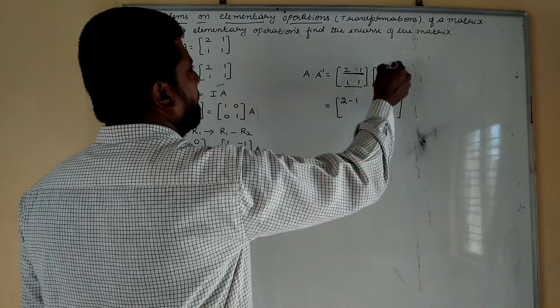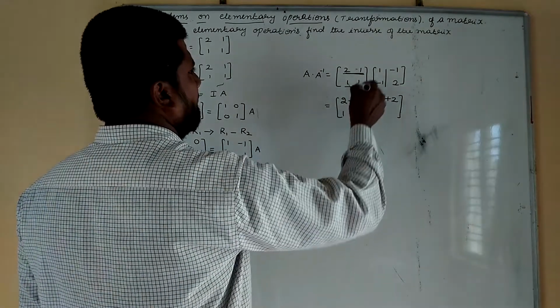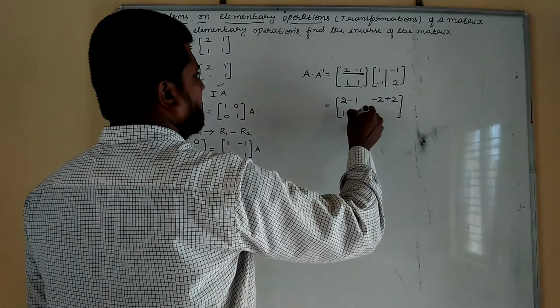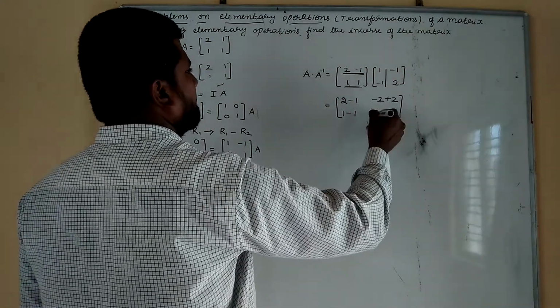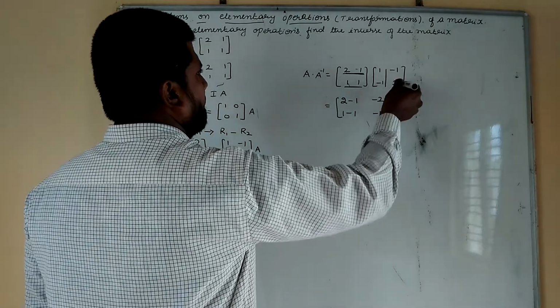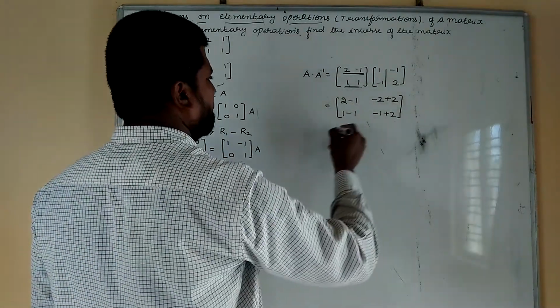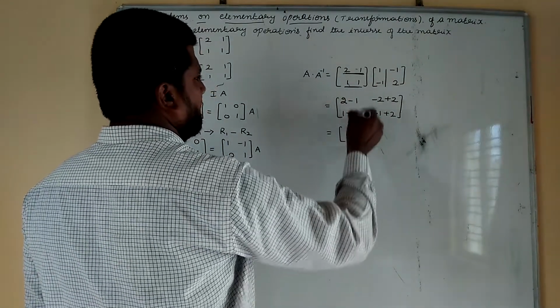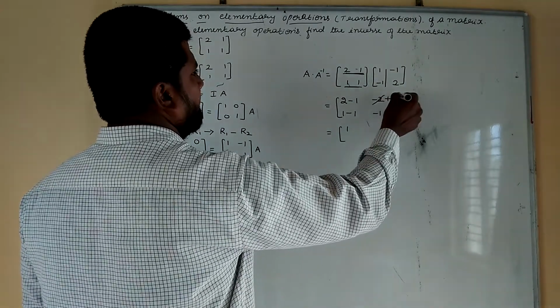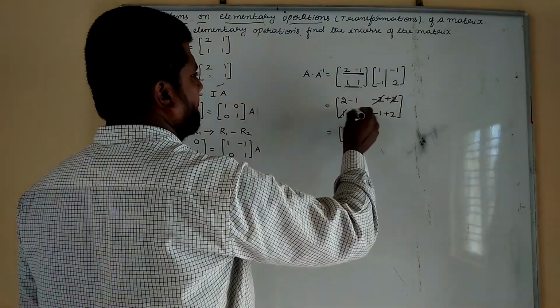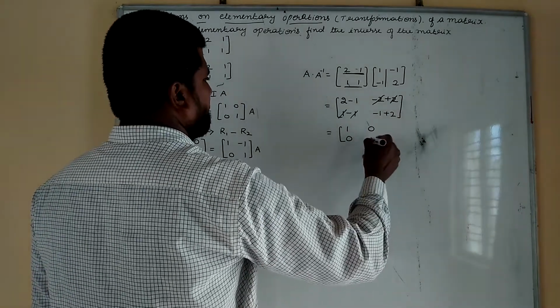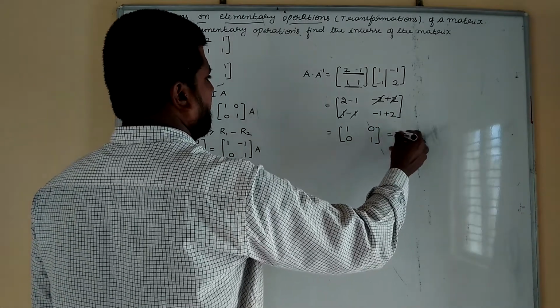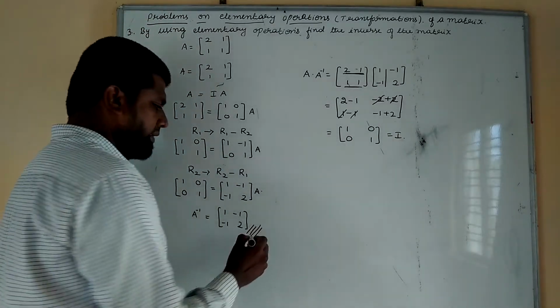Second row, first column: 1 into 1 is 1, 1 into minus 1 is minus 1. Second row, second column: 1 into minus 1 is minus 1, 1 into plus 2 is plus 2. So 2 minus 1 is 1, plus 2 minus 2 get cancelled, plus 1 minus 1 get cancelled, so 0, and 2 minus 1 is 1. We got the identity matrix, so the A inverse value is right.